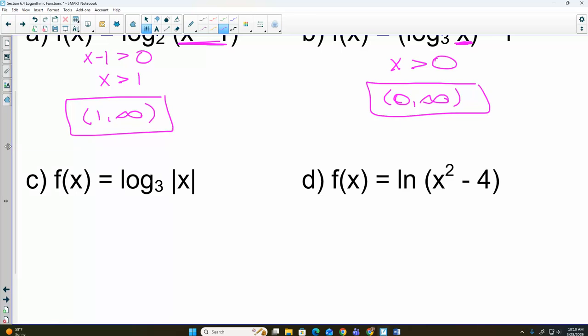C and D are a little trickier. I wanted to give us some that we had to think about a little bit. This one, so we know the absolute value of x has to be greater than 0, right? If you wanted, you could even think about the absolute value function. What does it look like? A v. When is it greater than 0?